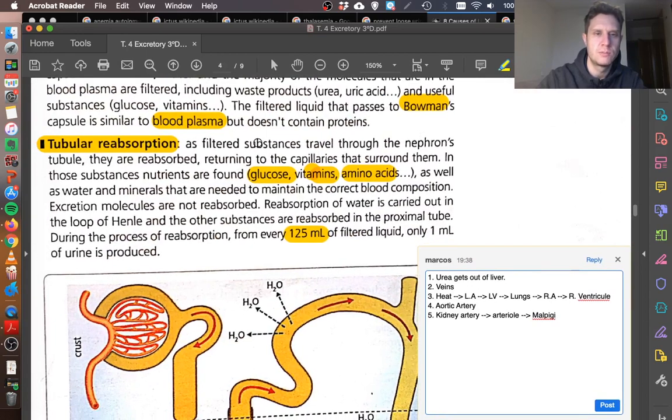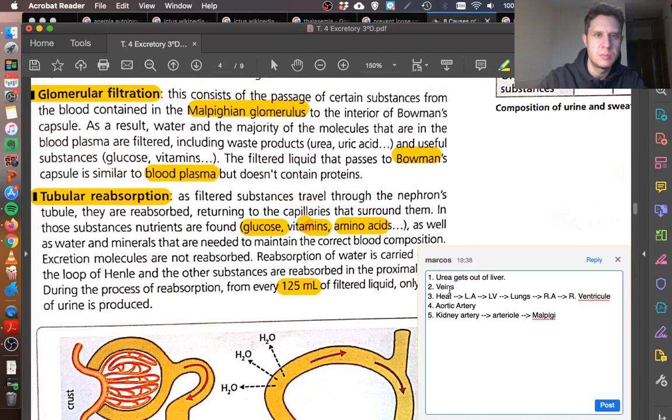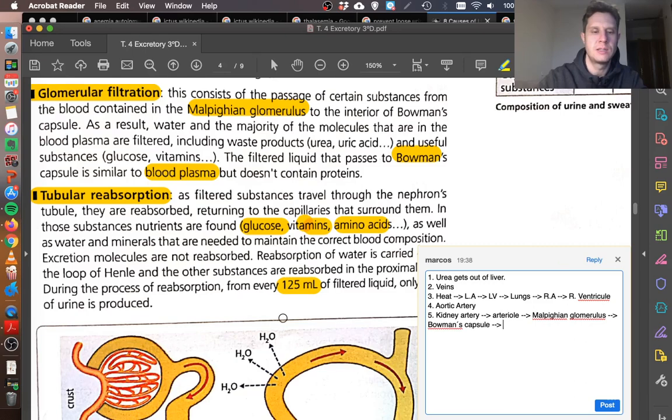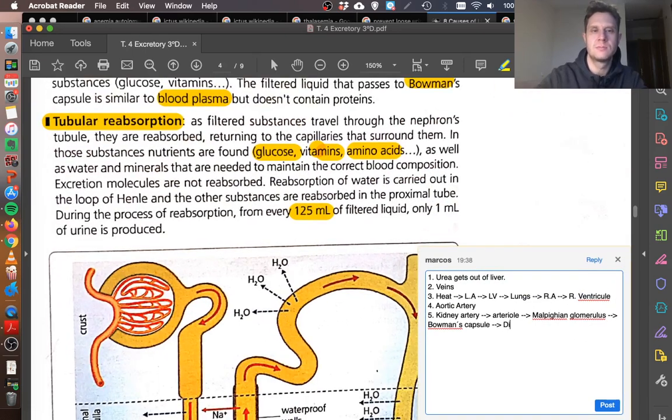I'm not sure how to write Malpighi. Bowman's capsule. Yes, and then the distal. Okay, kidney artery, Bowman's capsule.